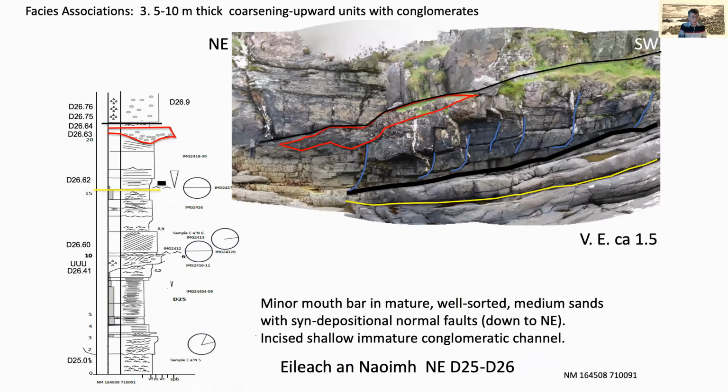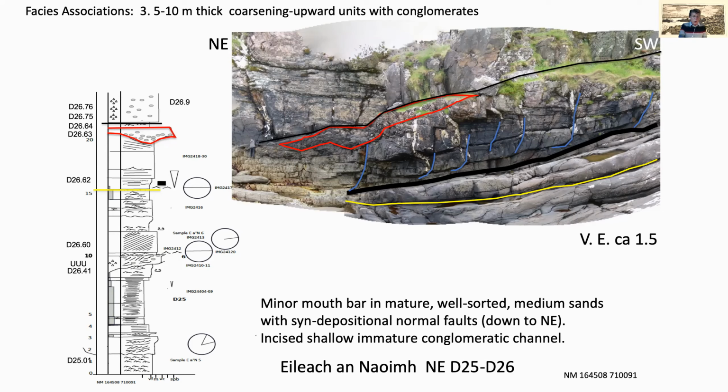Here we see a log and a section from the same island, which shows such a coarsening upward sequence, starting at the yellow horizon, which is indicated in the log. This particular one has a series of sedimentary faults faulting down to the left, which have been picked out subsequently by quartz veins, and they're shown in blue. These are decolling on a siltstone horizon in the cleft in the rock, which is indicated in thick black on the log and on the photo.